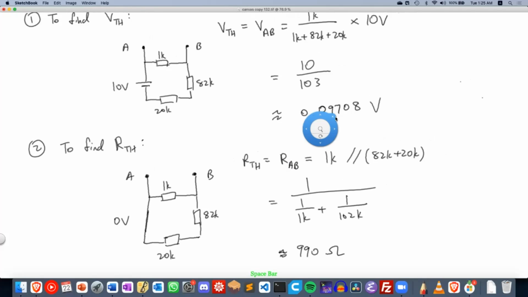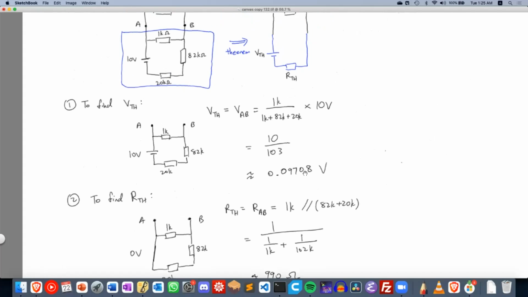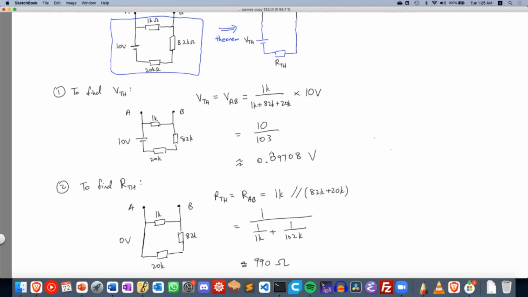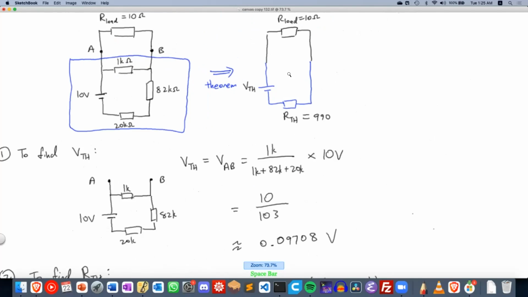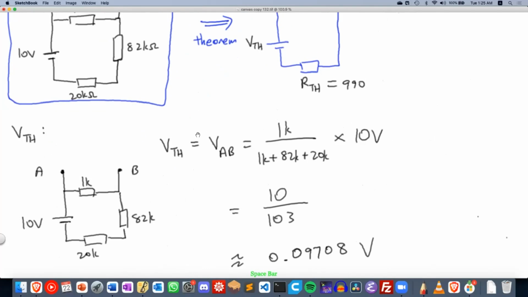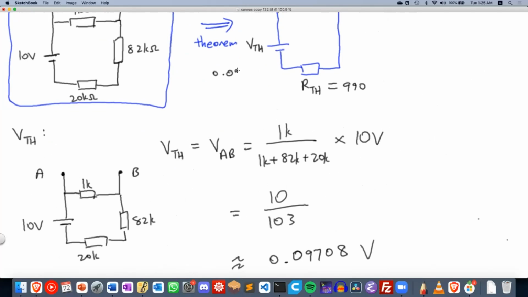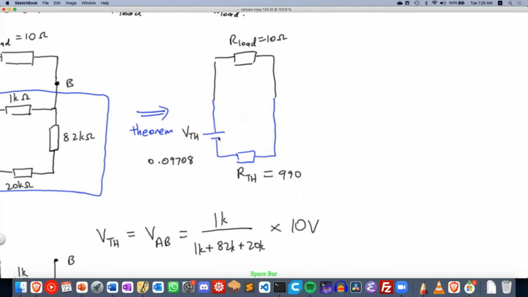So now we know our Thevenin resistance is around 990 ohms, and the Thevenin voltage is around 0.09708.